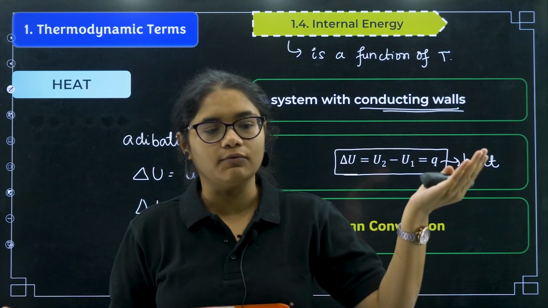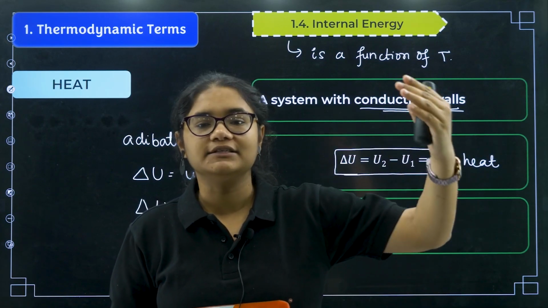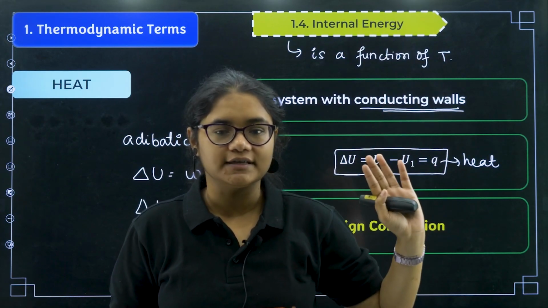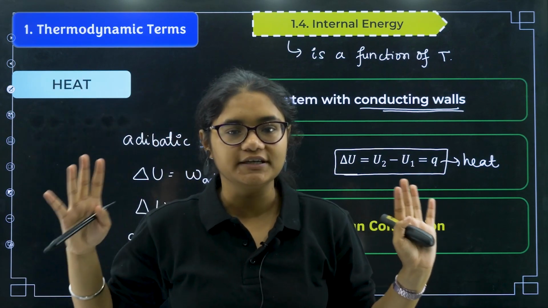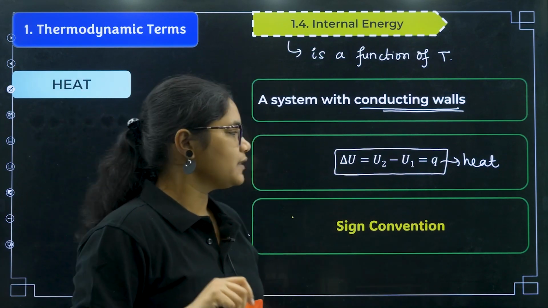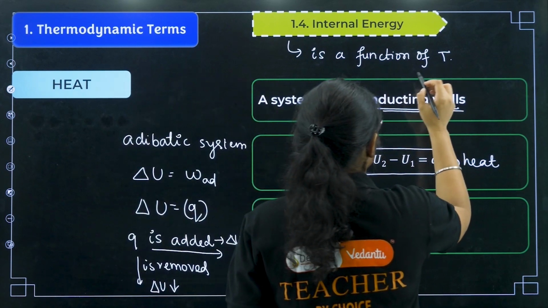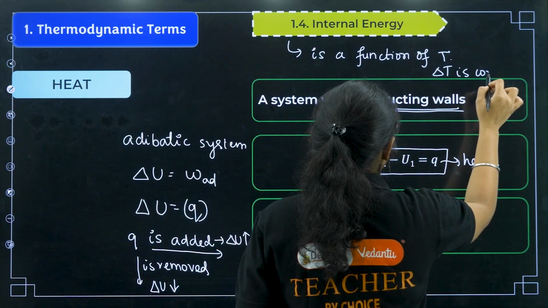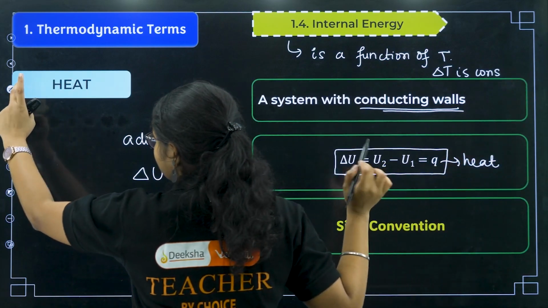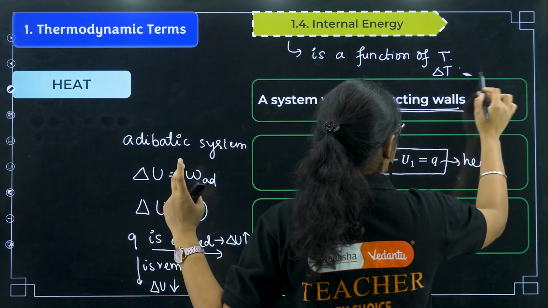If work is done on the system, temperature increases, internal energy increases. If heat is provided to the system, temperature increases, internal energy increases. So if delta T is equal to 0, means there is no change in temperature.